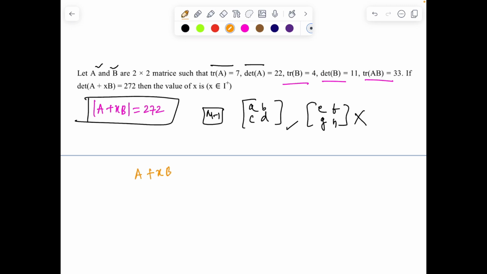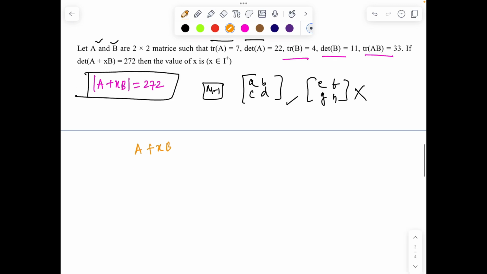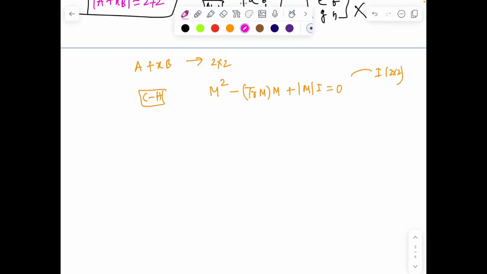Now we know for any number x, A + xB is going to be some matrix of 2 cross 2 order, and if we have a matrix M of 2 cross 2, we know from the Cayley-Hamilton theorem that it will satisfy its own characteristic equation. So M² - trace(M)·M + det(M)·I will be 0, where I is the identity matrix of order 2 cross 2.